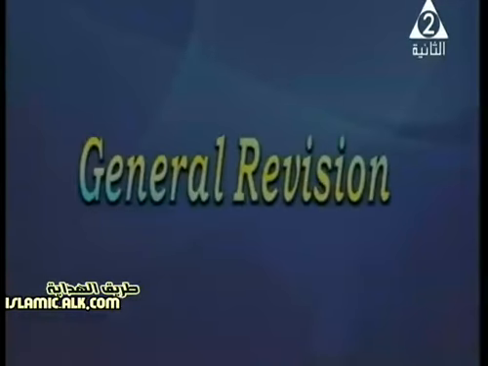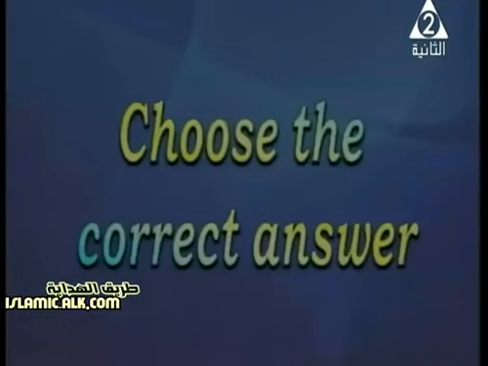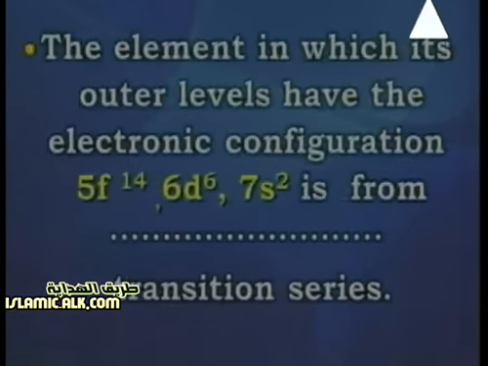General revision. My dear students, the first type of questions we are going to discuss today is choose the correct answer. The element whose outer level has the electronic configuration 5f14, 6d6, 7s2 is from what transition series?